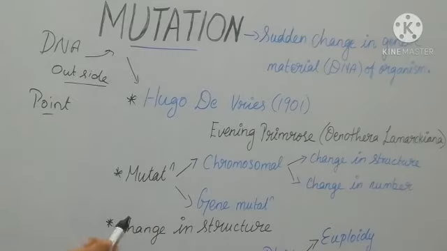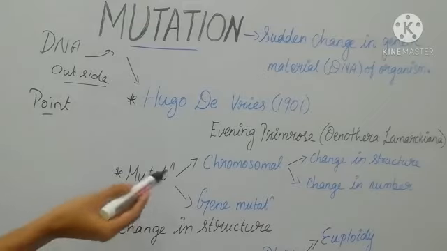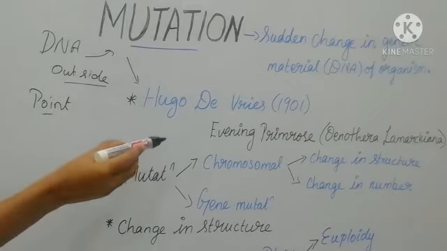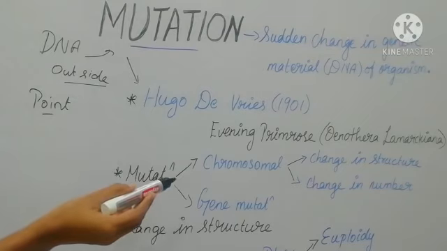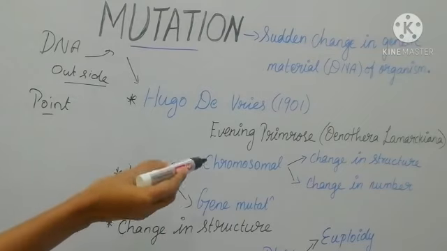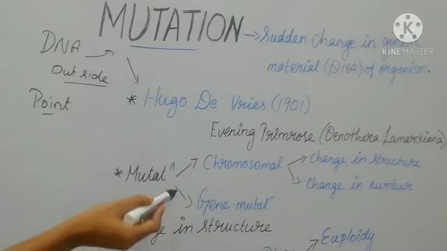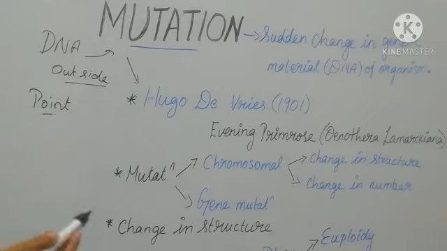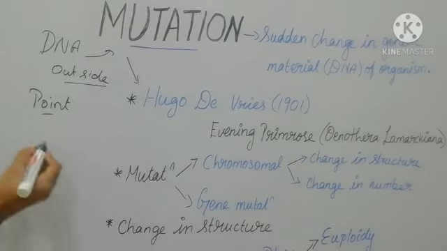Chromosomal mutation can be categorized into two types: change in structure and change in number of chromosomes. First we can see the changes in structure. This change in structure of the chromosome usually occurs due to errors in cell division.